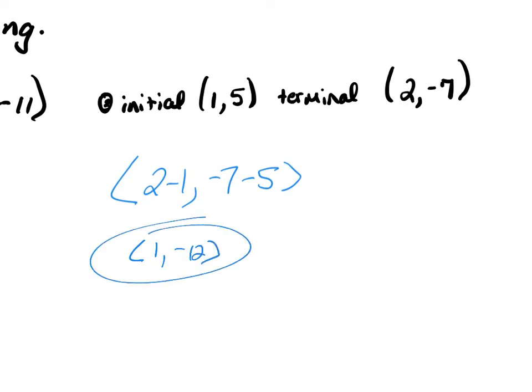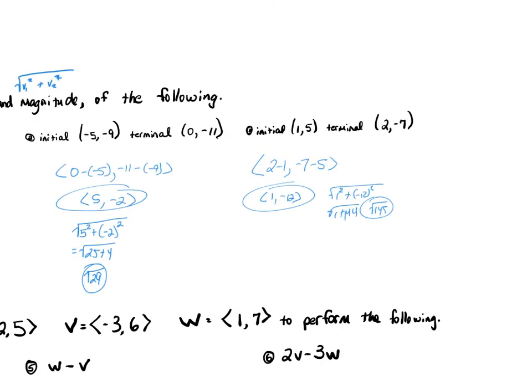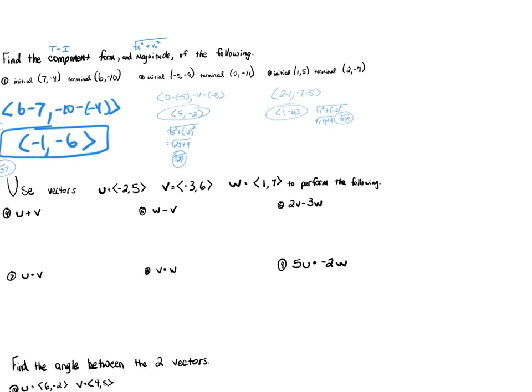So there's my vector, and then my magnitude would be 1 squared plus negative 12 squared. So it'd be 1 plus 144, root 145. And if it breaks down, great, break it down. If it doesn't, then leave it. Questions on that part?